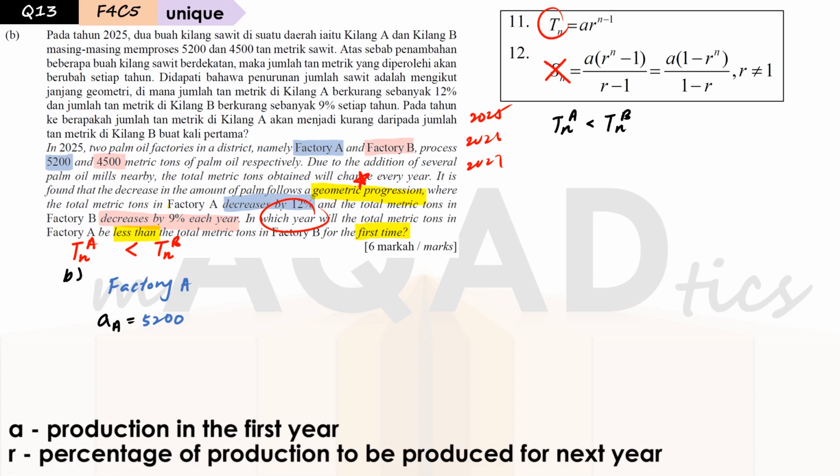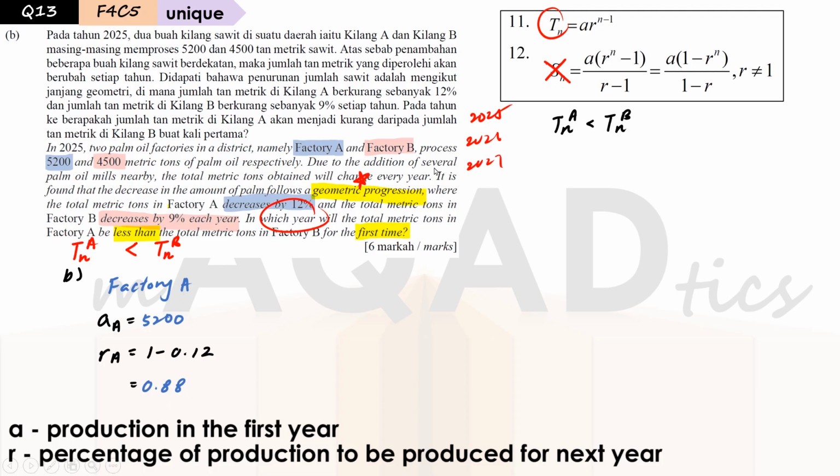It's not the amount that we can produce for the next year. If you want to figure out the amount that we can produce for the next year, it's very simple: just 1 minus the decreased percentage, and then you will get the percentage that will be produced for the next year. So here it will be 0.88 or 88%.